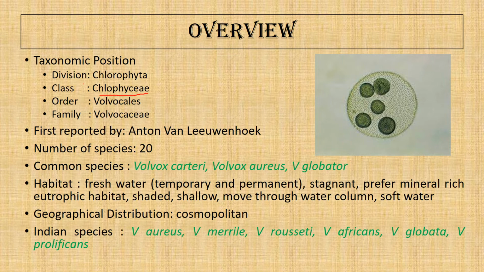Now the order Volvocales. The order Volvocales contains microscopic green algae, mostly single but sometimes colonial also, and they are motile. This is the only order of green algae in which the motile stage is not limited to reproduction.